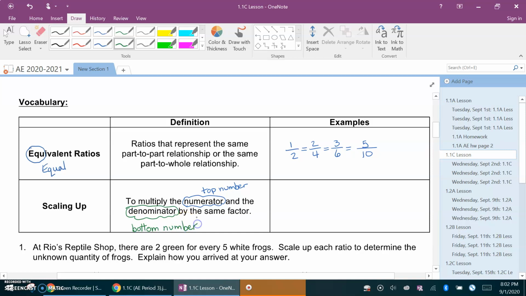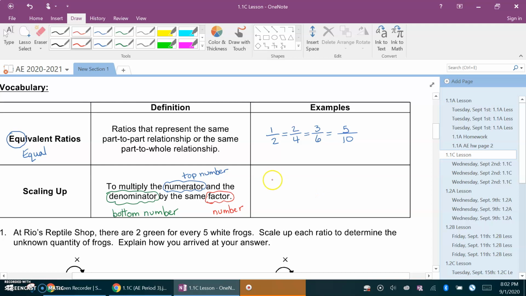And the word factor is really scary, but you are going to be okay. The same factor just means the same number. So this just means number. Okay, so we're going to give you an example using numerator and denominator, just so that we're looking at the same thing.